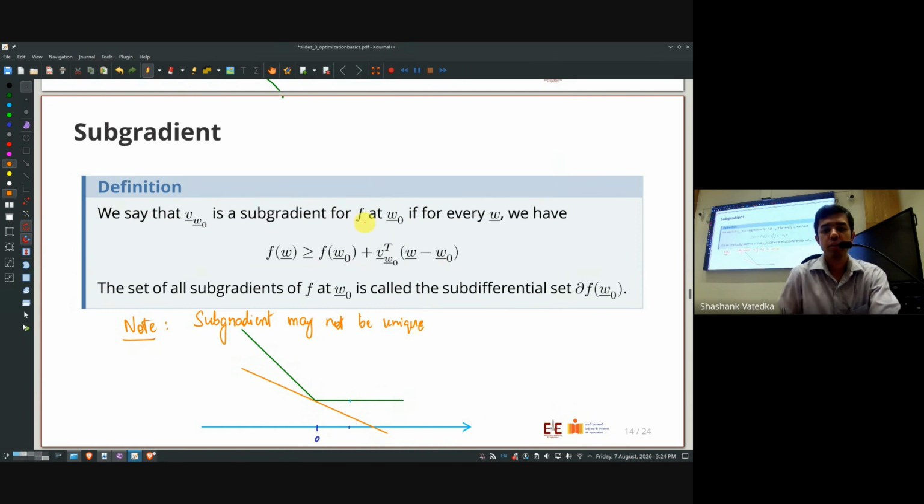By that, I mean that I could potentially find two different vectors v such that f of w is greater than or equal to f of w0 plus v transpose w minus w0.